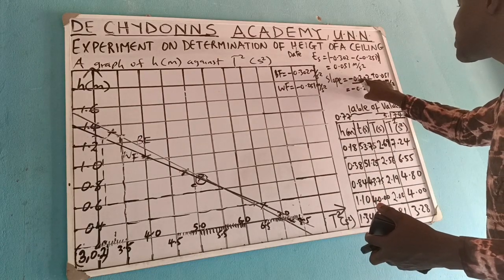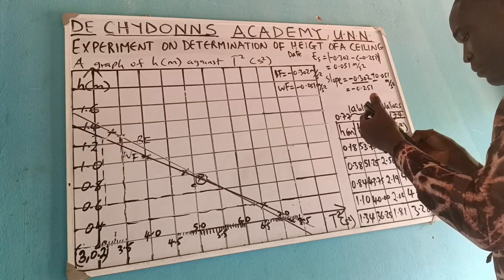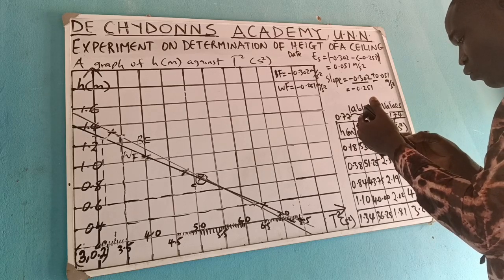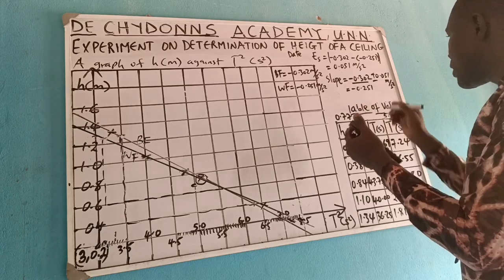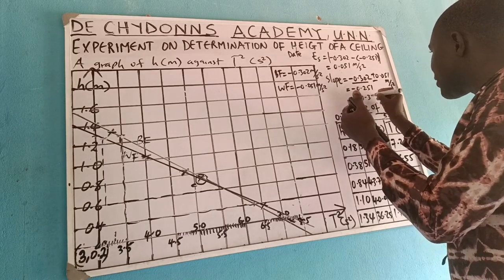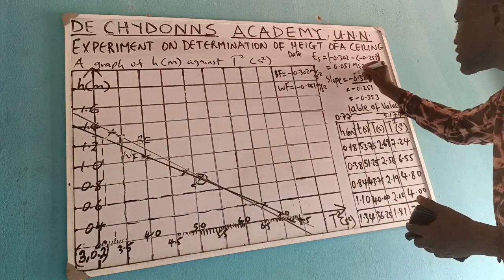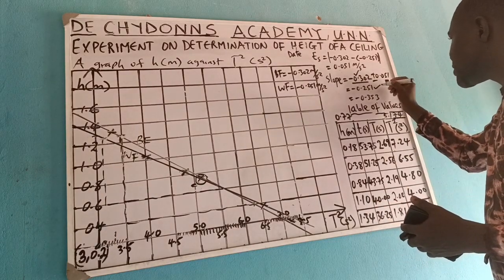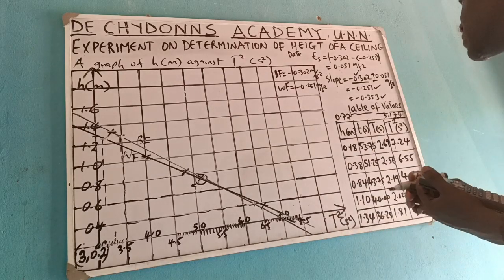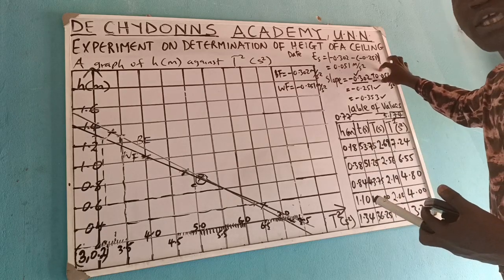Minus 0.302 minus 0.051 will give you minus 0.353. All of them are meter per second square. So this is the possible answer, or this, or this. One of them must be in the marking script. And so that is the essence of you getting your error in slope.